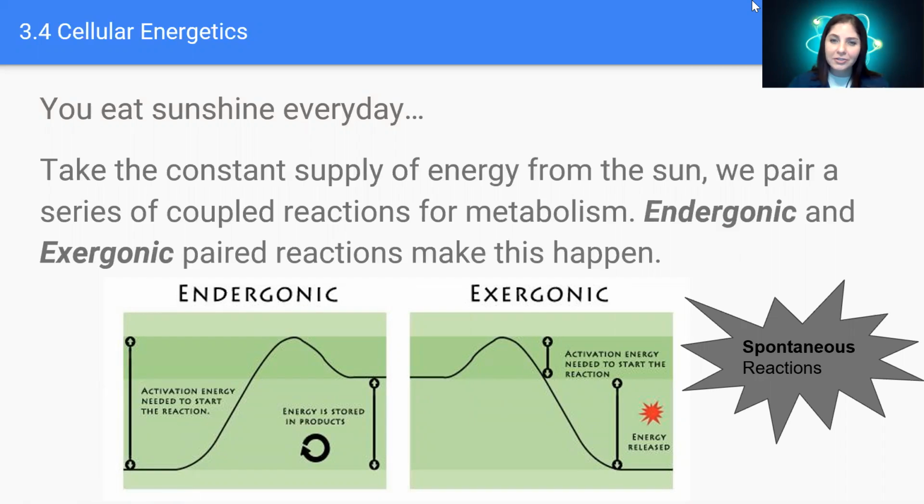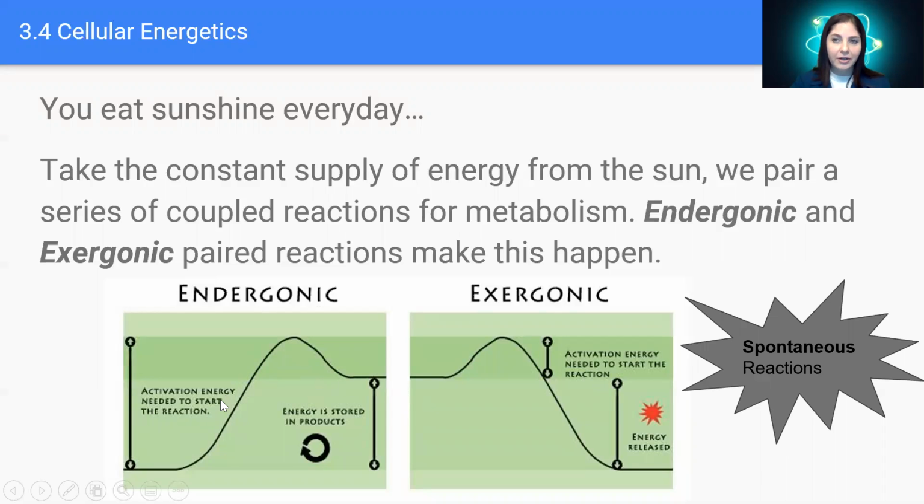We refer to these as spontaneous or non-spontaneous. An exergonic reaction is referred to as spontaneous because once it gets going, once that activation energy has been released or used, then that reaction spontaneously occurs.